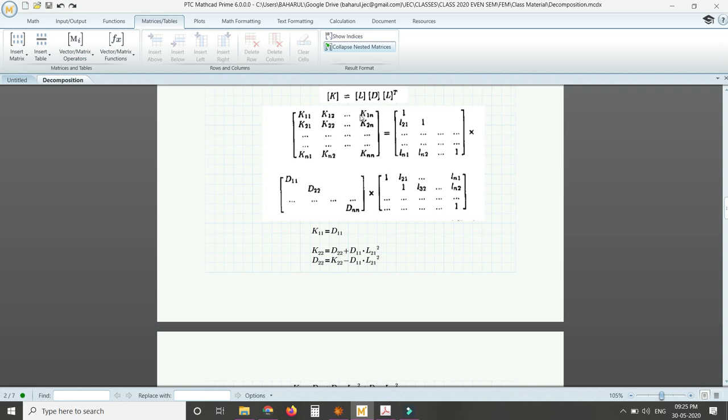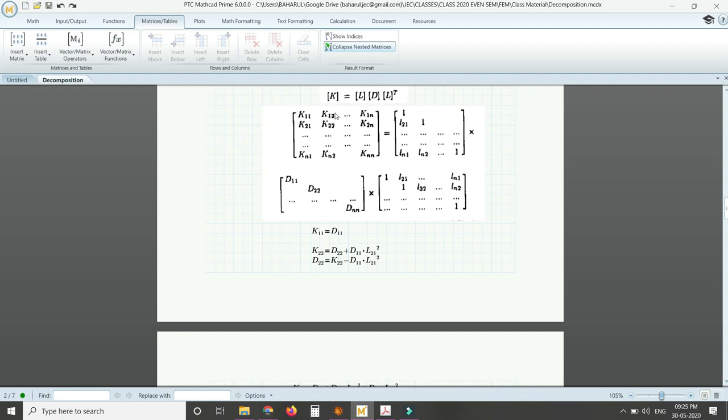Okay, all the coefficients of L and D we want to find out. These are our unknowns. K is already known to us, right? So how can we find those unknowns? Those unknowns can simply be found by using some equations.